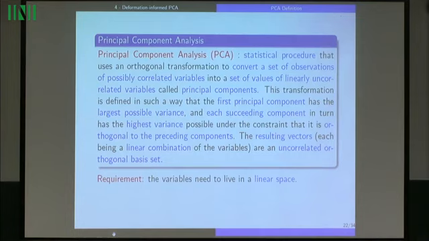So this transformation is defined in such a way that the first principal component has the largest possible variance, and each succeeding component in turn has the highest variance possible under the constraint that it is orthogonal to the preceding components. And so the resulting vectors, which are a linear combination of the variables, are an uncorrelated orthogonal basis set. So in order to perform this kind of analysis, we need the variables to live in a linear space.